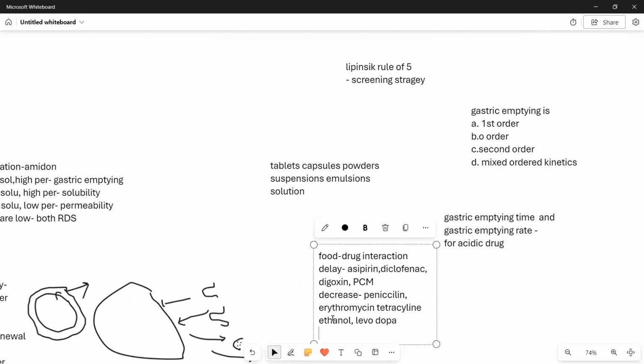Increased absorption: mainly griseofulvin, which is lipophilic, nitrofurantoin, diazepam, and water soluble drugs.